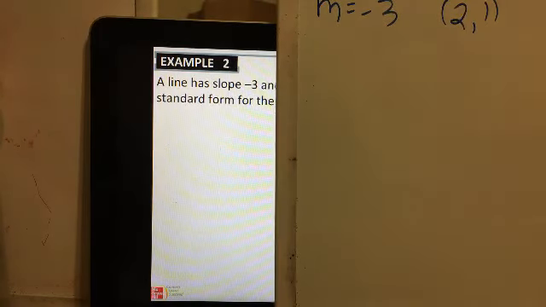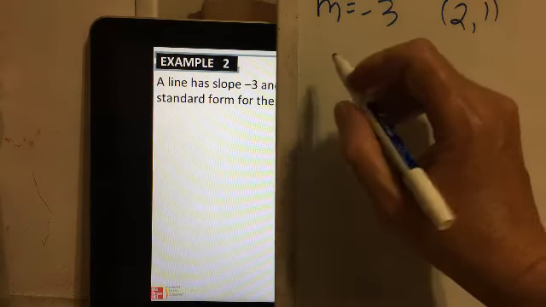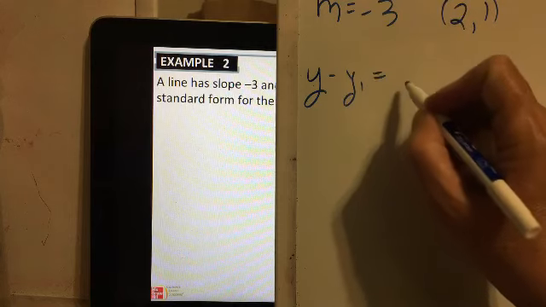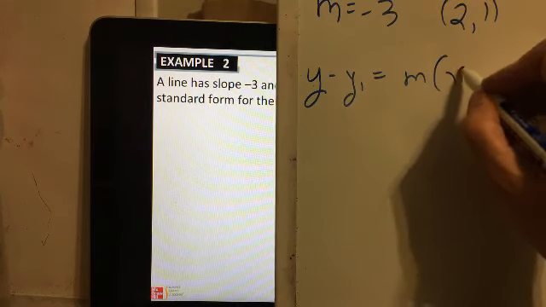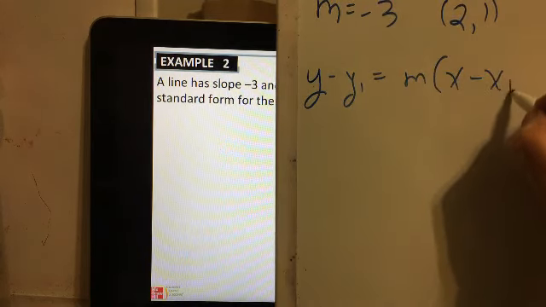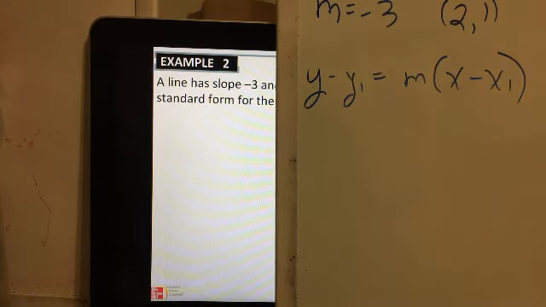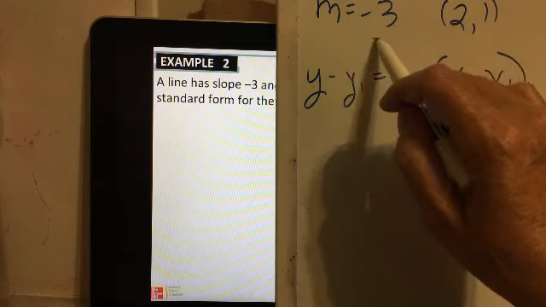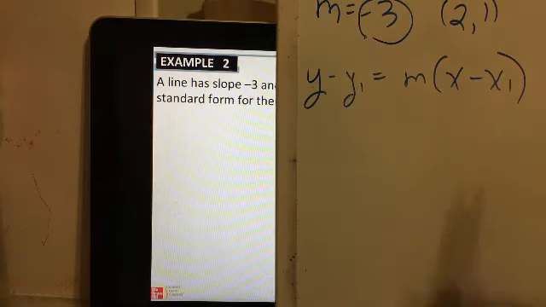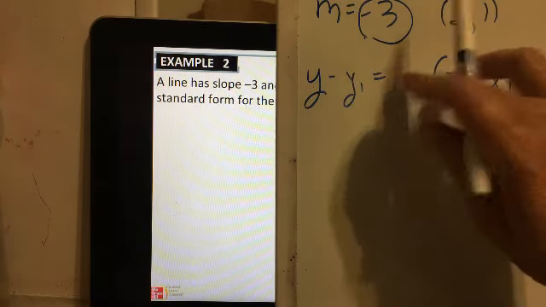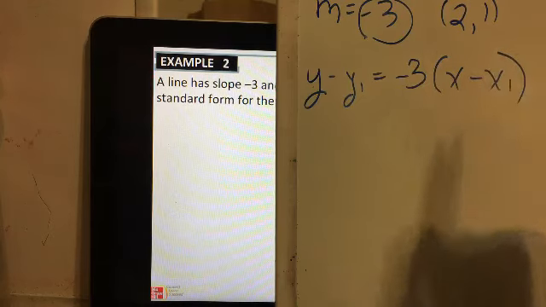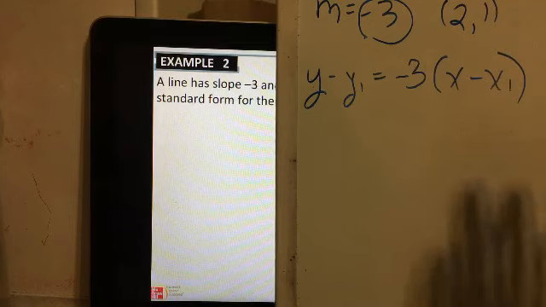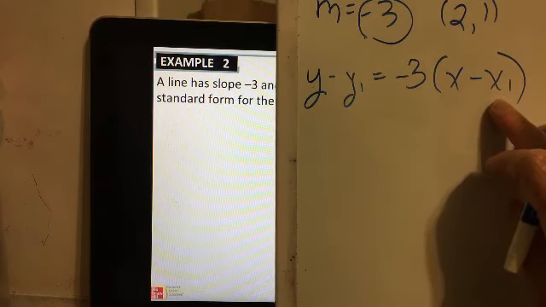All right, and the equation that we're going to use is the point slope form of the line. y minus y1 equals m times (x minus x1). Now we're going to plug in our -3 for our m, and we're going to take the 2 and the 1 and put them in the place of our specific point.